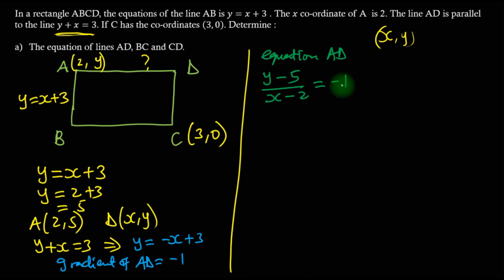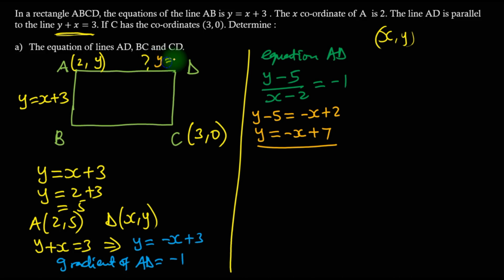We multiply through by minus 1, so we get y minus 5 equals minus x plus 2. So y equals minus x plus 7. This is the equation of line AD, that is y equals minus x plus 7.